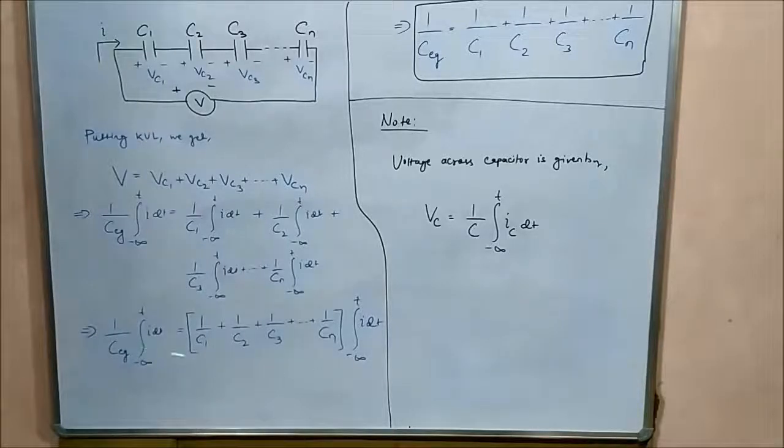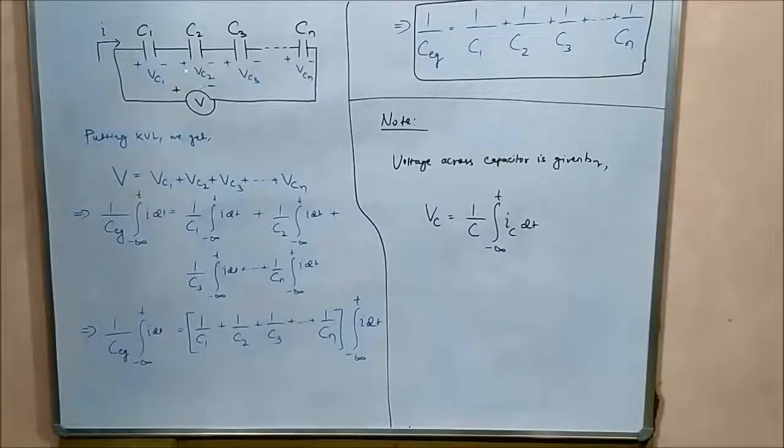This is the expression for equivalent capacitance for series combination of capacitors. Okay, so we have derived the expression 1 by C equivalent is equal to 1 by C1 plus 1 by C2 plus 1 by C3 up to the reciprocal of the nth capacitor.